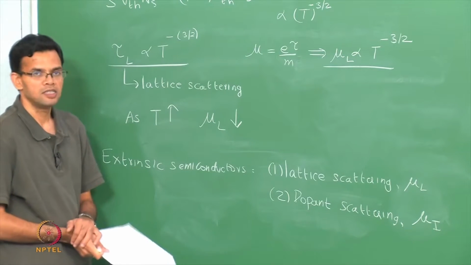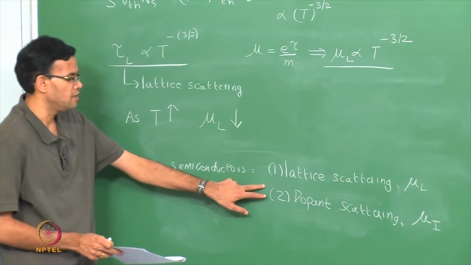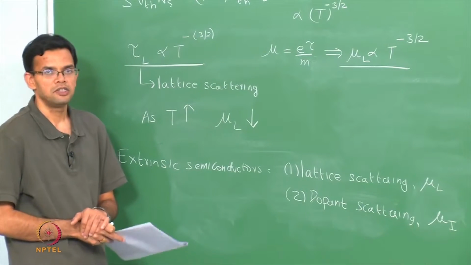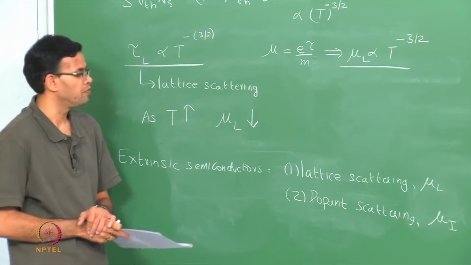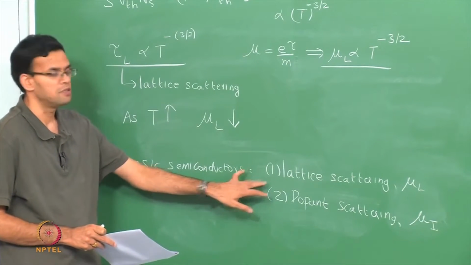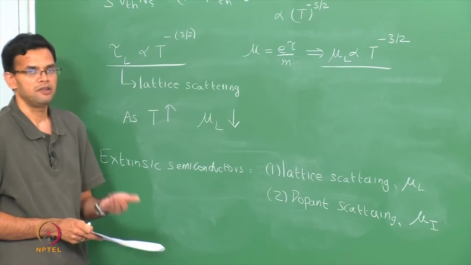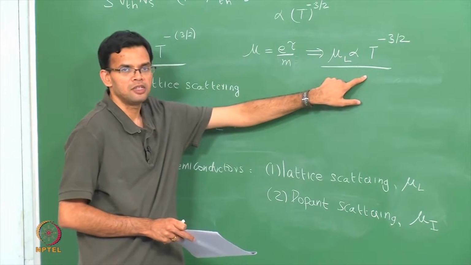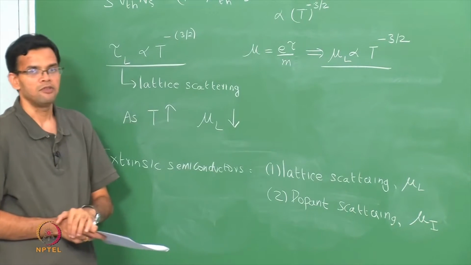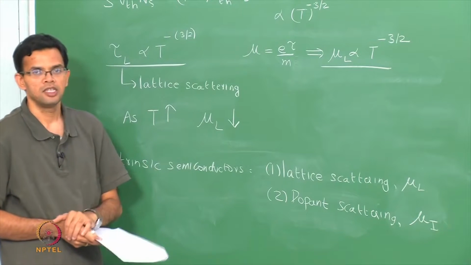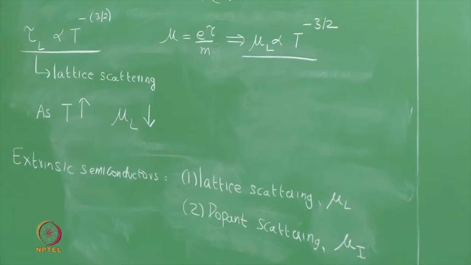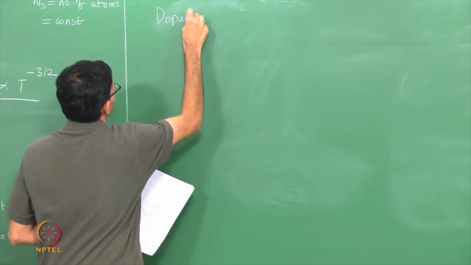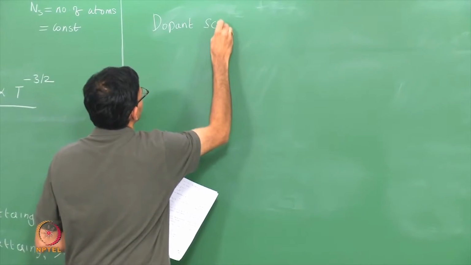So, in the case of extrinsic semiconductors, you have scattering due to the lattice, and you also have scattering due to the dopants. Both of them play a role in determining the mobility of the electrons and holes. The lattice scattering term is very similar to what we did for intrinsic semiconductors, so once again mu L will be proportional to T to the minus 3 over 2. The one thing we have to see is how the dopant scattering changes with temperature. So, we want to look at the dopant scattering in an extrinsic semiconductor.